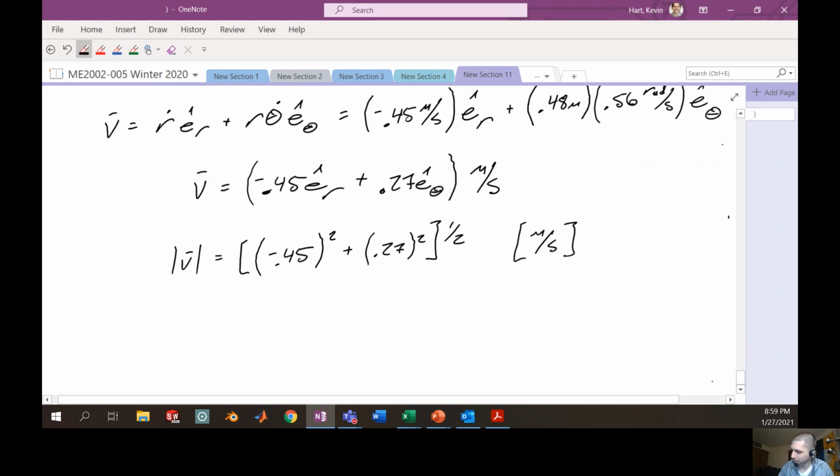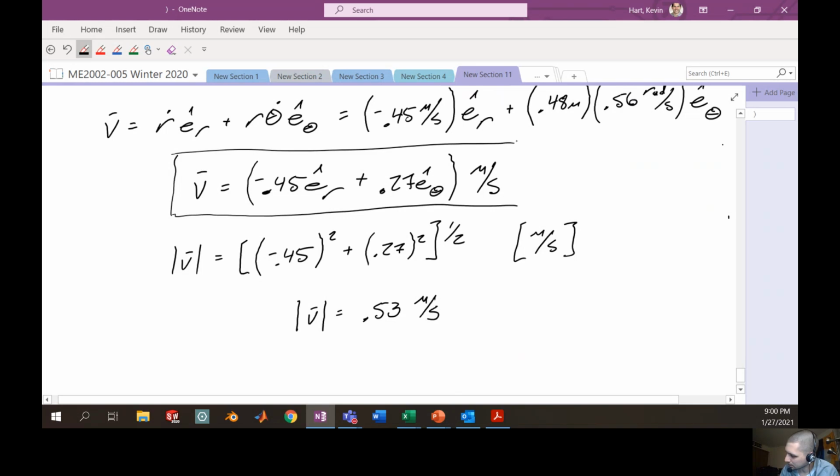So the magnitude of the velocity at this particular snapshot in time would be 0.53 meters per second. If you're asked for the velocity vector, this would be your solution. If you're asked for the total magnitude of the velocity, which I think is what they're after in this problem, that would be your solution. So that's part A.